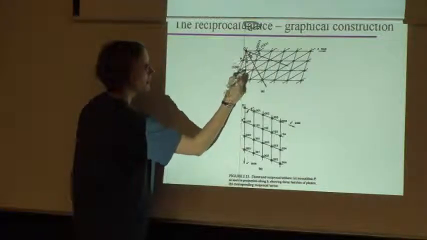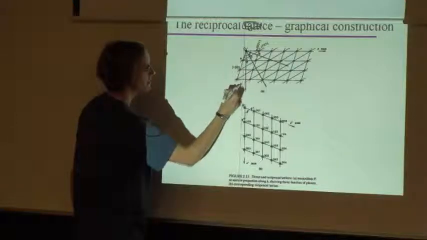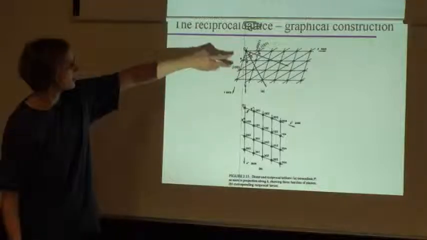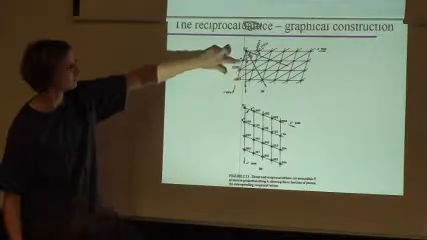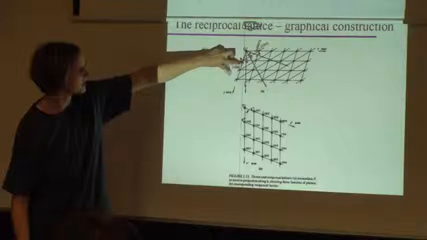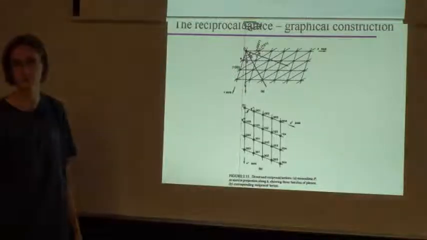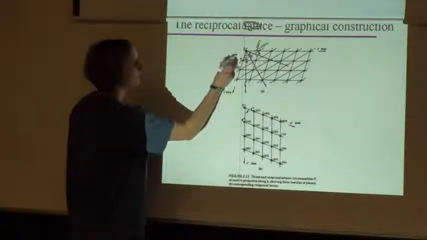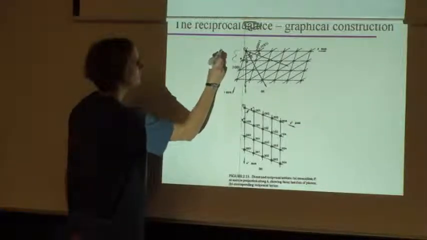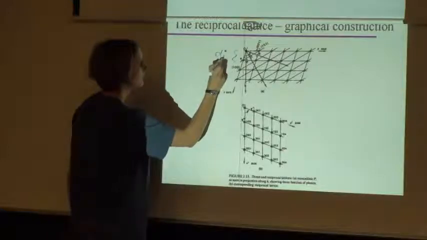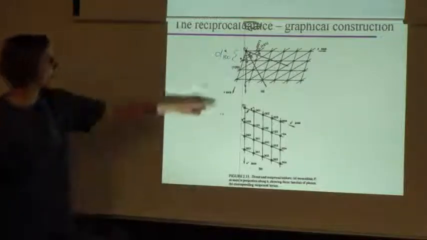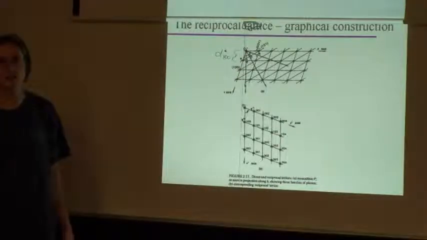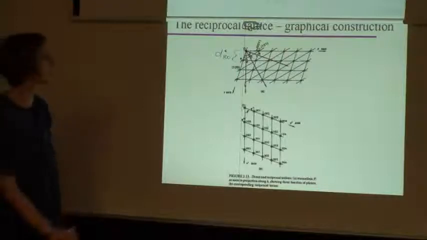Then we start marking things at about equal distances, okay? Of course, I don't have a ruler with me, but it would look something like that. About the same distance as this one, okay? And you just repeat that. And you would call this distance between the origin and the first point you marked D star 100, okay?